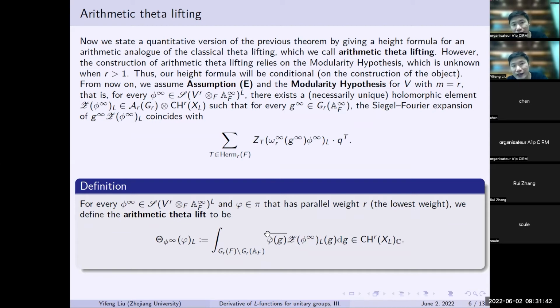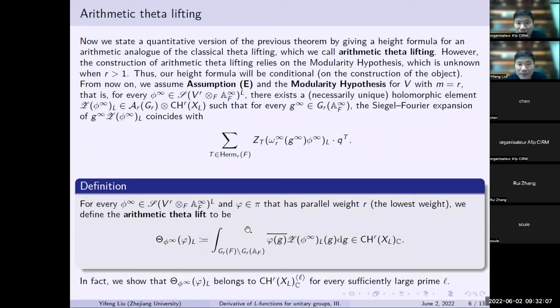So the result will collapse this part, and you get an element in the Chow group of X_L, tensored with C, because you have C coming from here. That's the definition. In the definition here, you really need a modularity hypothesis, otherwise the integration doesn't make sense. In fact, we prove a little bit more.